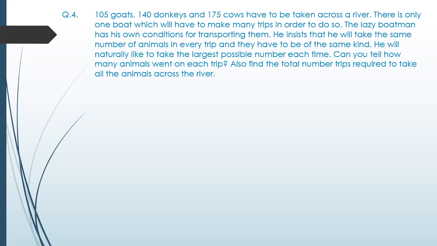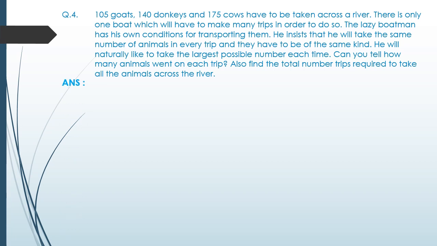It means that we need to find HCF because it will give us a smaller number than the numbers given in the question. So in order to find the number of animals that the boatman can take across the river in one trip, we need to find out the HCF of the given numbers.